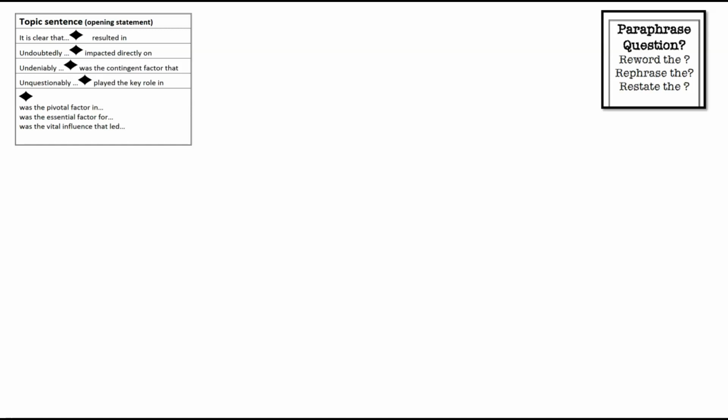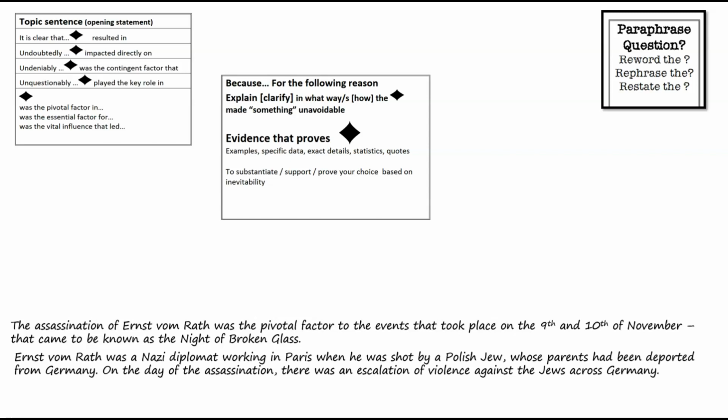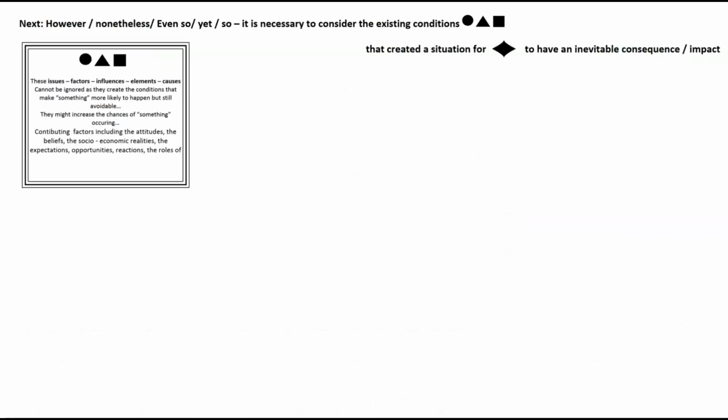The topic sentence of the first paragraph then follows, so that's now talking about the assassination, and I've set out the steps and the concluding sentence again coming back, why this assassination led to Kristallnacht directly was because the Nazi Party used this violence triggered by the assassination as a pretext for the burning, looting and destruction of Jewish property by the Hitler Youth, and we go back to the anti-Semitism, and the agents of the Gestapo and the SS.